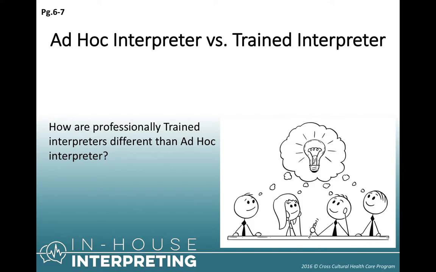And a trained interpreter is, by definition, someone who is trained. But let's go ahead and talk about the differences. To be a medical interpreter requires a great deal of skill, more than just speaking two languages. This skill allows interpreters to facilitate effective communication. You're able to assess possible cultural bumps or misunderstandings because you're aware of the biomedical culture.